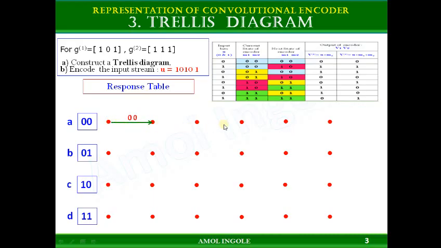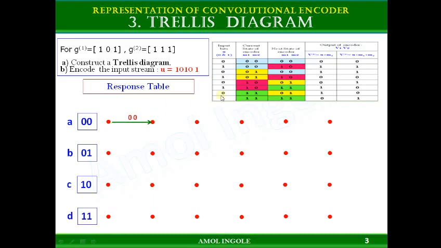Because this complete line is for the 00 state, you have to show a direct line going from here to here, and this 00 is the output for that particular input. 00 is the output, so we show the output on that line, right?